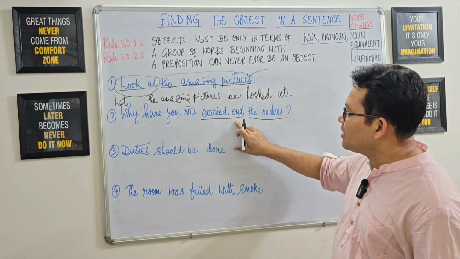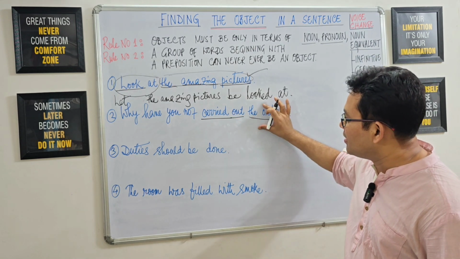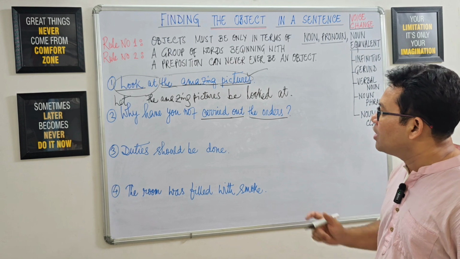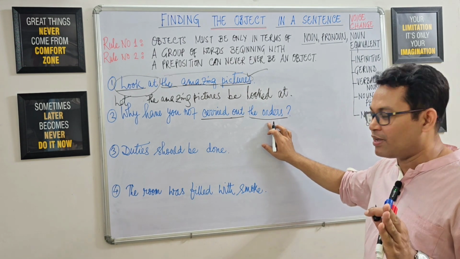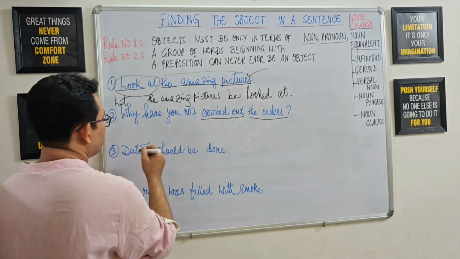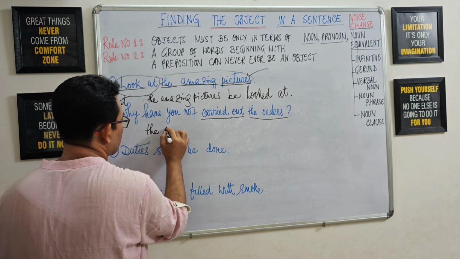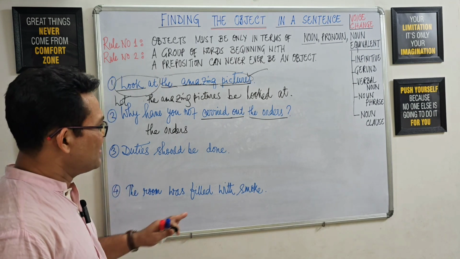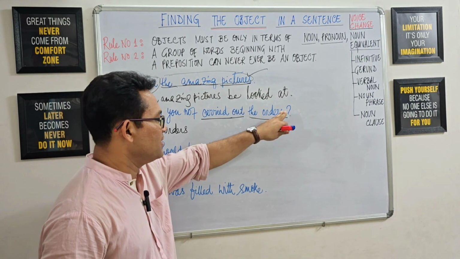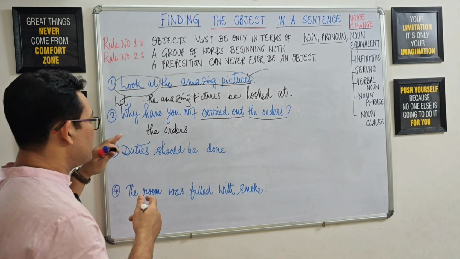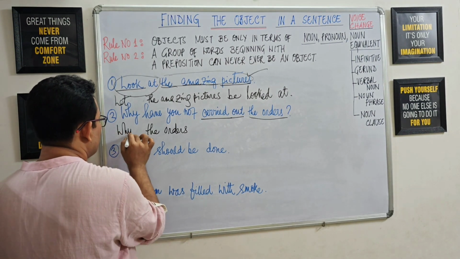That means the preposition out is not with the noun phrase but with the verb, that is the phrasal verb carried out. So the orders, that's why, is the object here. So bring it at the very beginning. The orders. And since the given sentence, the active one, is in interrogative sentence pattern, we have to bring in some auxiliary verb after the WH word.